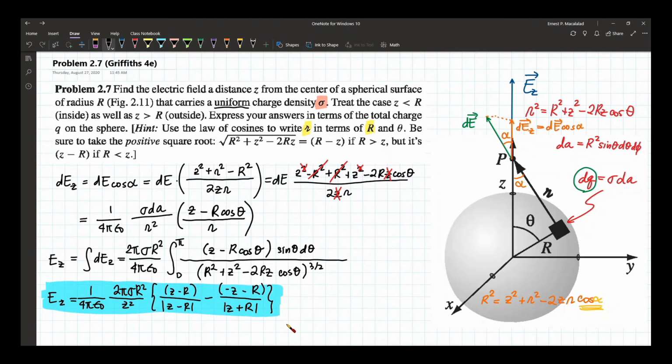Of course, we want to express our answers in terms of the total charge on the sphere. And what is the total charge on the sphere? Remember that sigma is your surface charge density. So that's Q over the total surface area of the sphere, which in this case would be 4 pi r squared. Therefore, Q will be equal to sigma times 4 pi r squared.